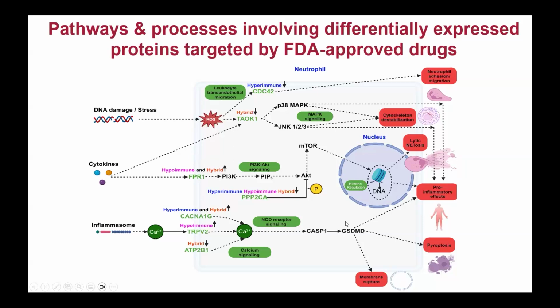And what this does for us is give us an opportunity to come up with drugs that are specifically targeting either one phenotype, two phenotypes, or all phenotypes. So it gives us a situation where we can essentially tailor our approach. And you can see that some of these, for example, neutrophil adhesion, migration, cytoskeleton, and some of these that are important, like netosis and things like that, are the ones that we are looking at in terms of these pathways.